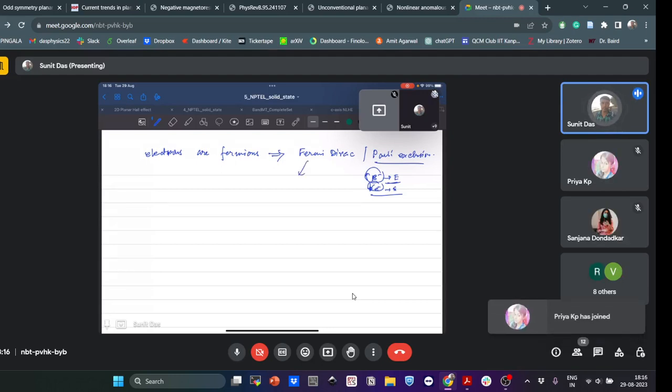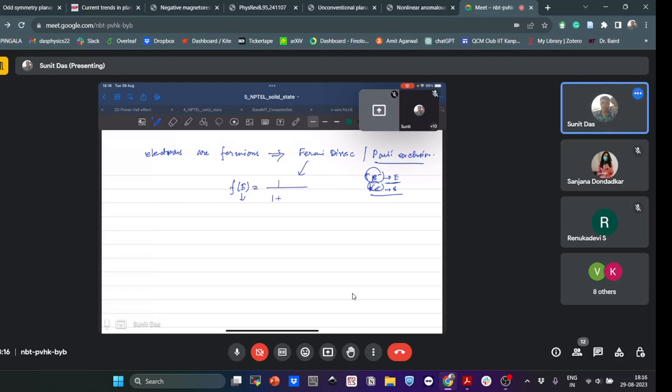And what does the Fermi-Dirac distribution say? Again, the probability of having an electron at an energy E is 1 over 1 plus e to the power beta times (E minus mu), where mu is the chemical potential of the system.